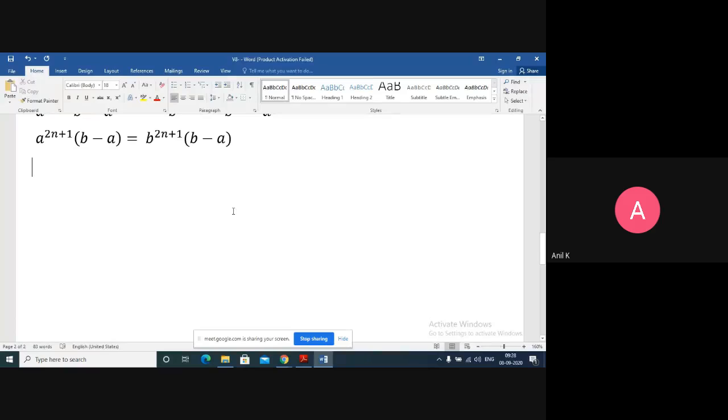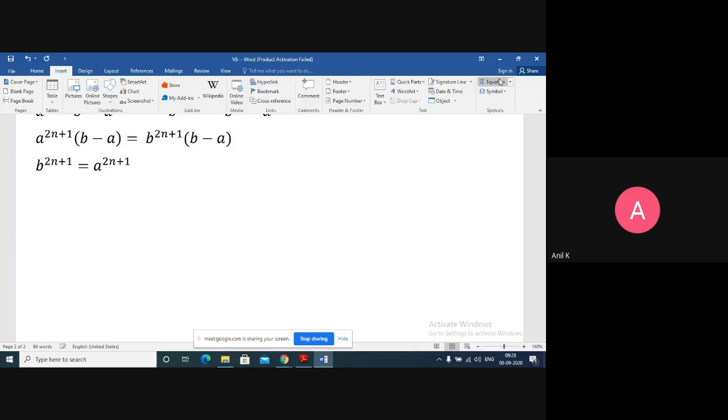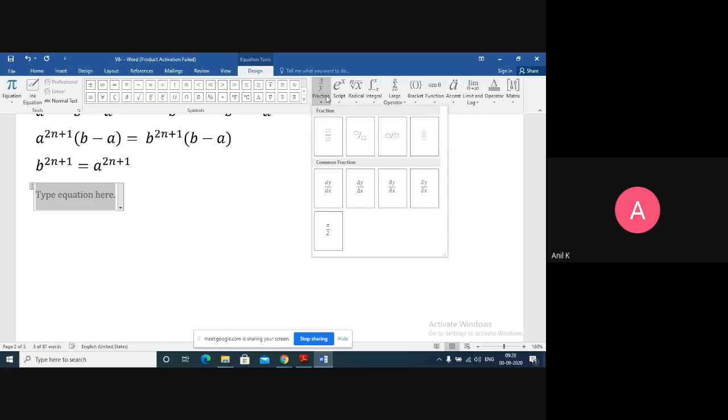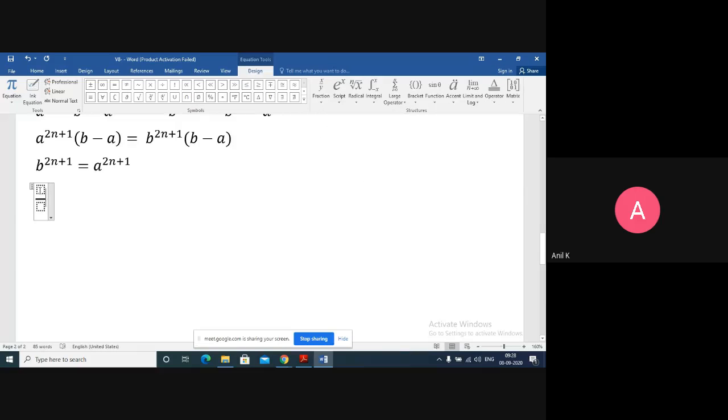Okay. So what we are left with is b to the power of n minus 1. Transfer here, no problem. So these are the terms which I am left with. If I divide on the same side, my question is, I have to find the value of n.